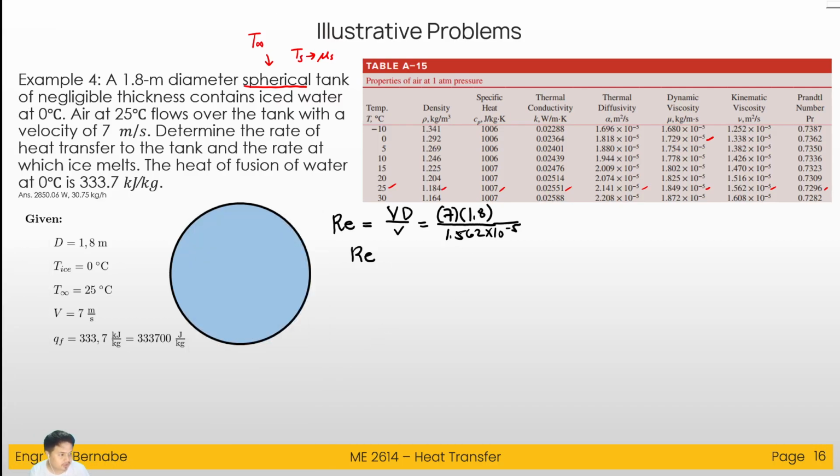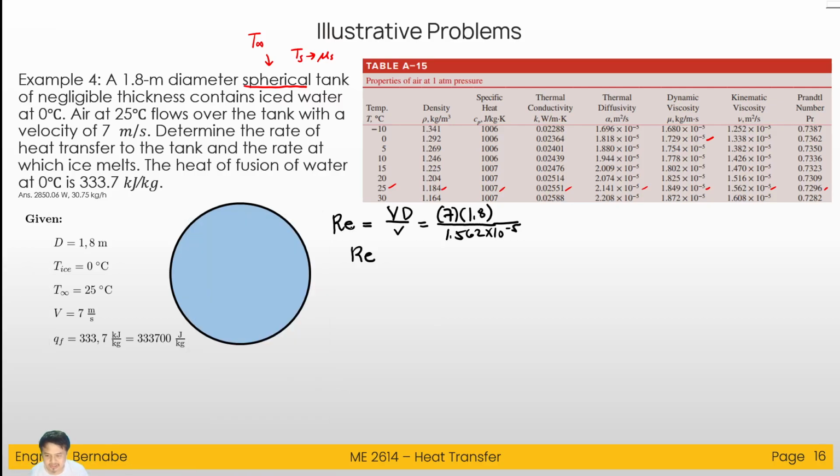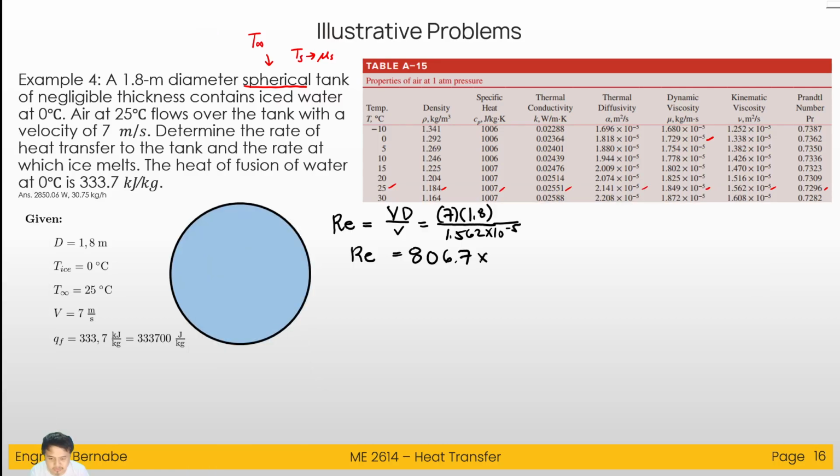You can write that down, but to make things a bit more compact, you can use the engineering notation, using this ENG button here. I just write down 4 significant figures, but you can include more than 4. So 806.7 times 10 to the 3.